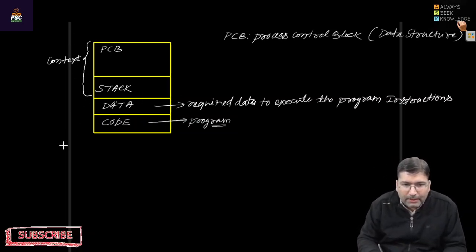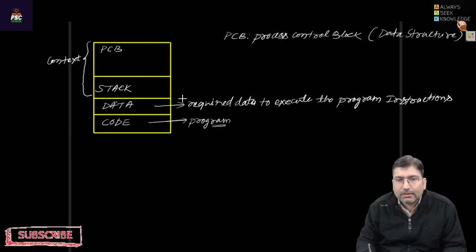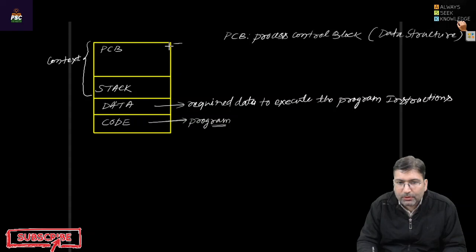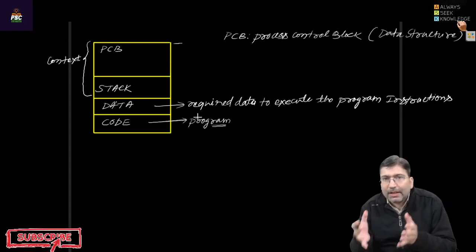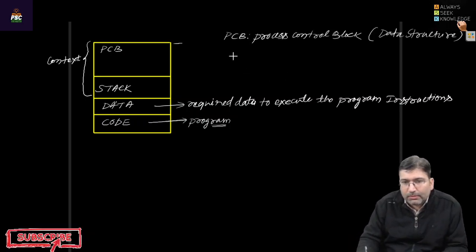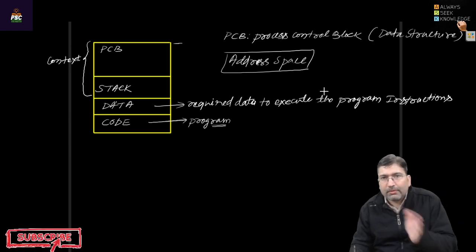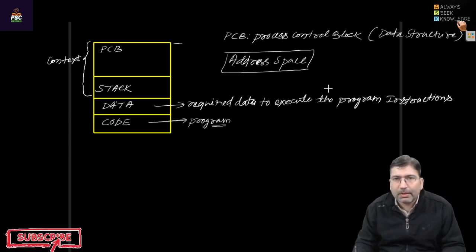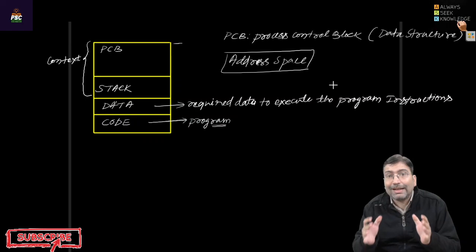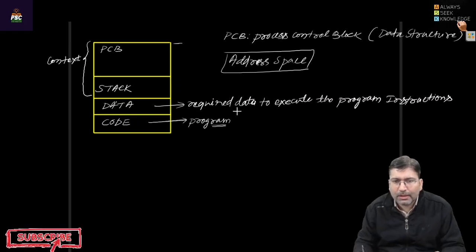And this overall address space allocated to a process, where all these things are loaded, is considered the process address space. So I'm writing one term, address space of the process. Please do remember, this is an important term. When we discuss memory management, we will discuss address space in detail, right?